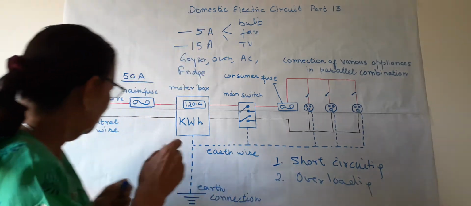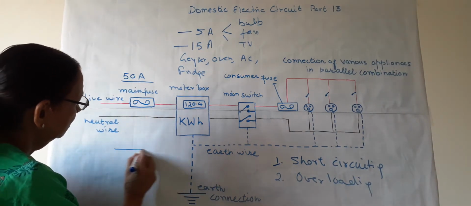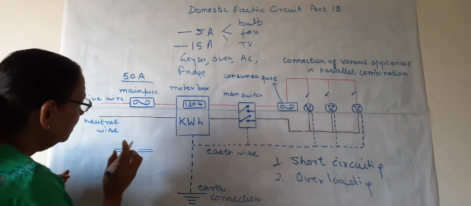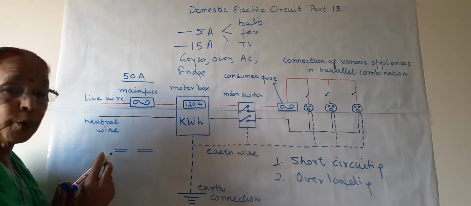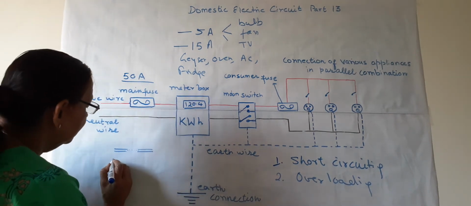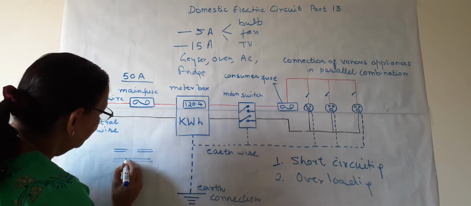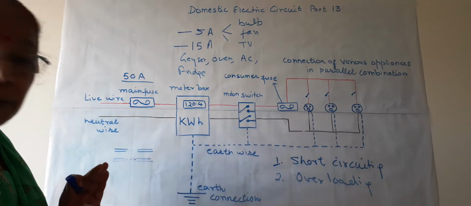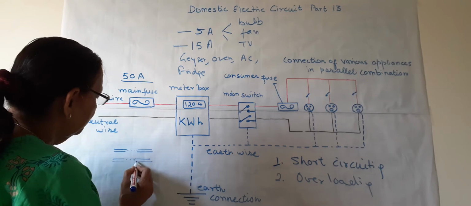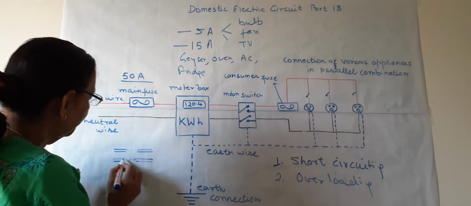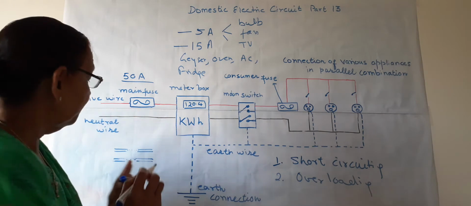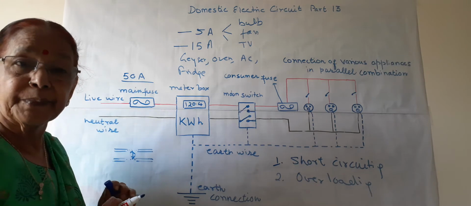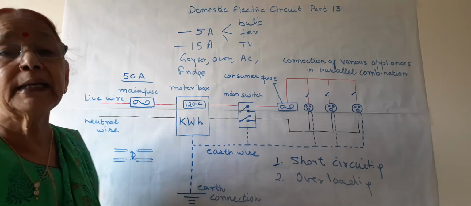When this is the insulation of the live wire, suppose this insulation is broken, it is damaged, and this is the neutral wire, and suppose the insulation of the neutral wire is also broken due to some disturbance or wear, the insulation is damaged, and by chance these two wires touch each other, then a short circuit takes place.